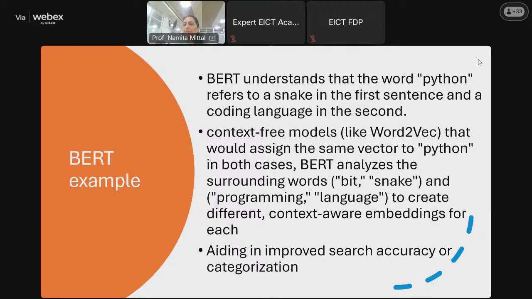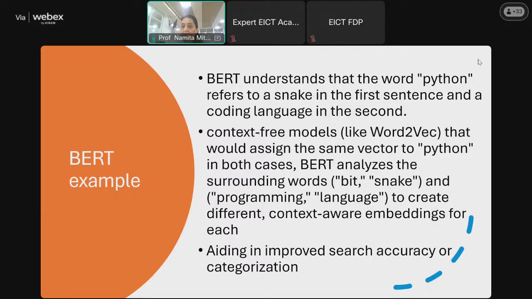So we have context-free models that we already covered, like word2vec, that would assign the same vector to Python in both cases. That is a static embedding. So in both sentences, Python is a common word and it will have the same embedding, while the context is different in both sentences. The first one is related to a bite, and the second is a programming language.